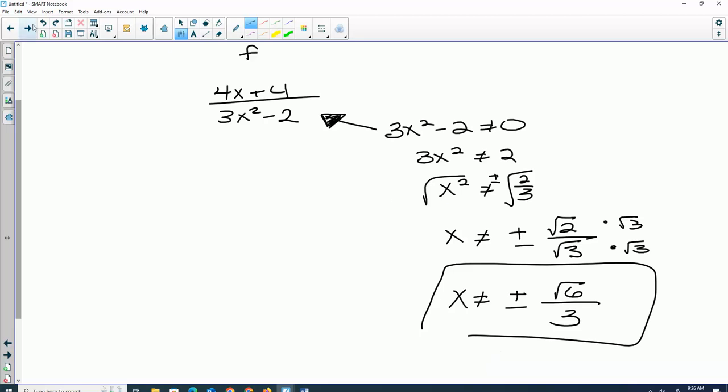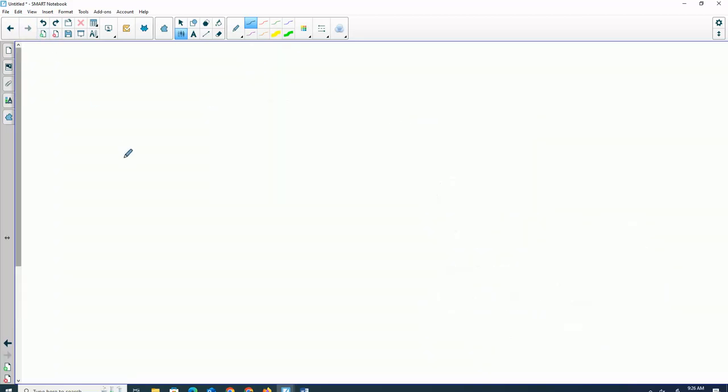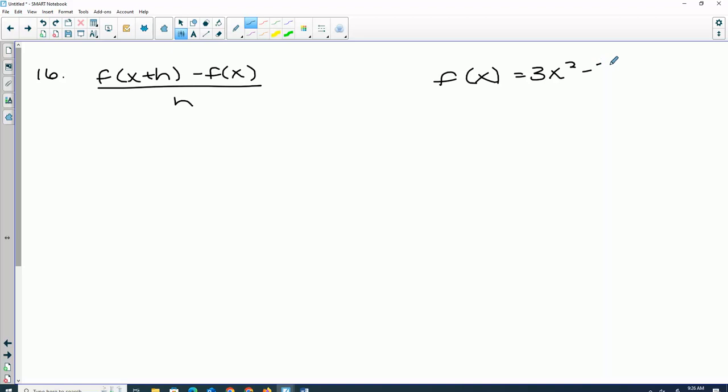I added 16 to the list because I thought we should look at that one. So it wants f of x plus h minus f of x over h, and we know we're still looking at f of x being 3x squared minus 2.